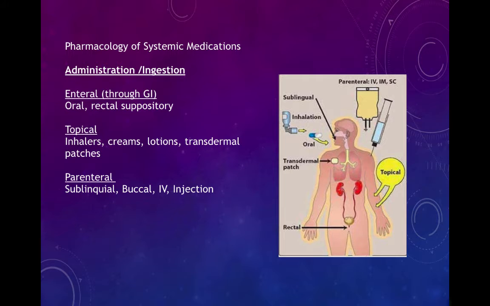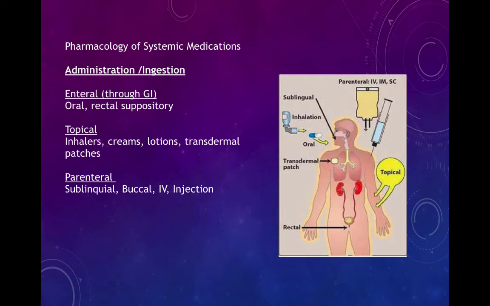And then last, we also have parenteral administration. The ones you will most commonly hear are IV, which is intravenous, or injection, and that could be subcutaneous or IM. Also included here is the sublingual or buccal administration.